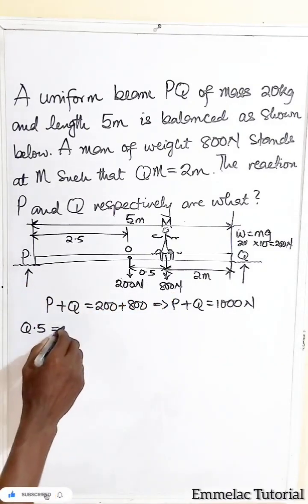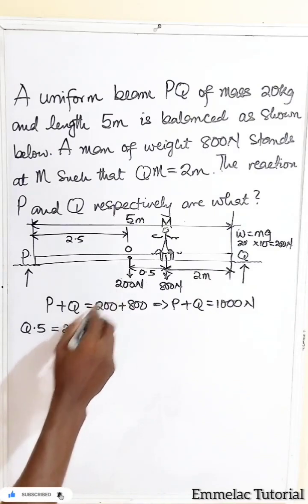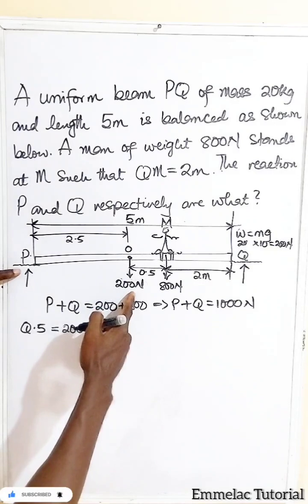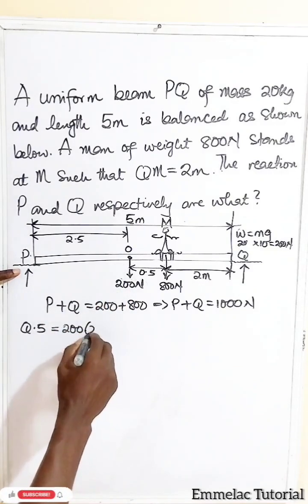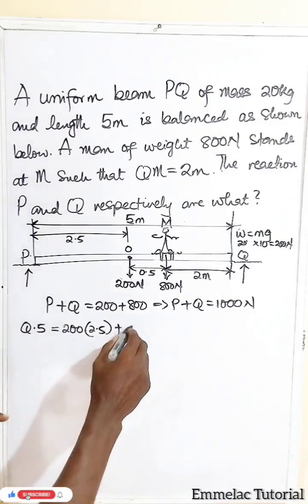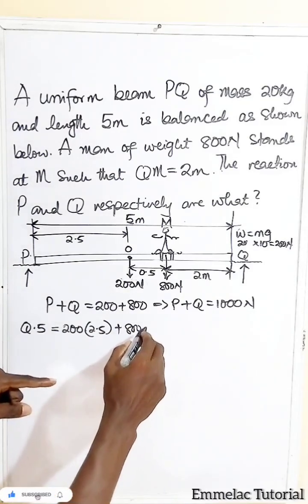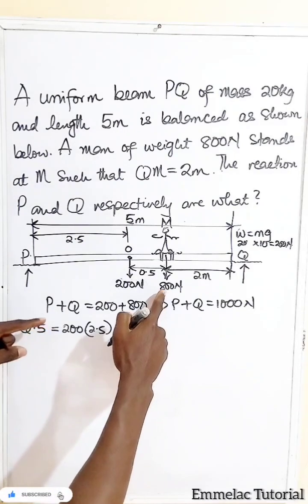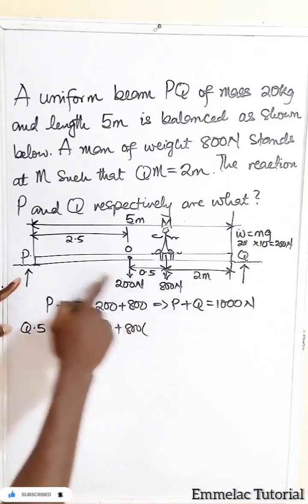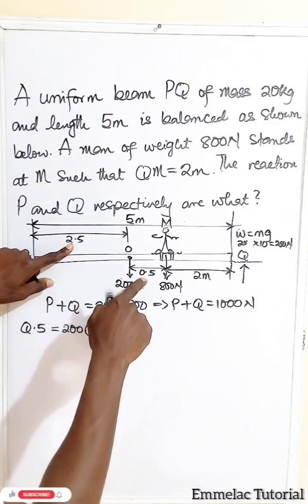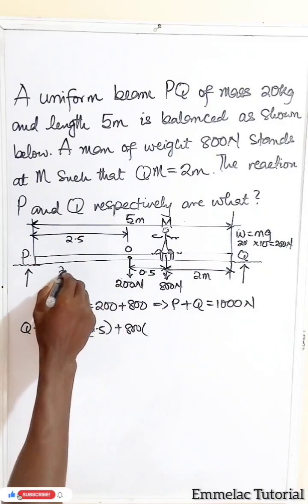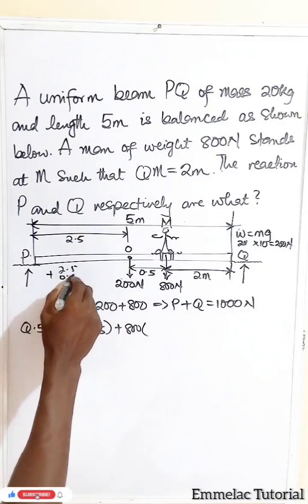So here we have 200, which is the force, times the distance between 200 and P, which is 2.5, then plus 800, times the distance of 800 from P, which is 2.5 plus 0.5, that will be 3.